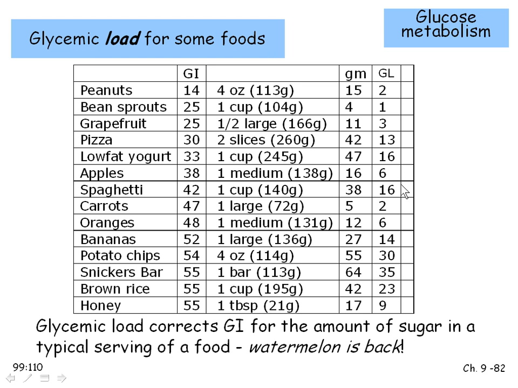And the rule of thumb here is that below 10 should be considered a low glycemic load. And you can see some things in here that have very low glycemic loads. So peanuts, for instance, glycemic load of 2. Well, peanuts are mostly protein and fat, so that's not too surprising. Grapefruit had a glycemic index of 25, but a load of only 3 because there's a lot of water in grapefruit.